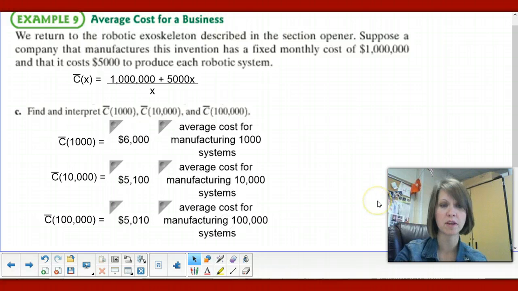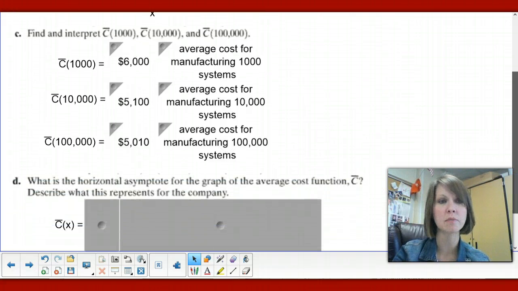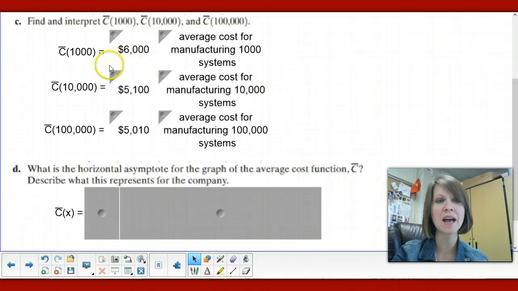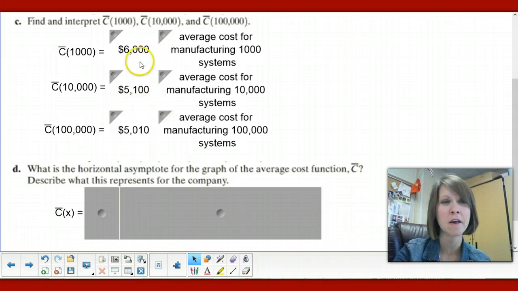And then the same goes for this. Now, what I'm hoping you're seeing here in part C is that as the number of units goes up by a lot, by a power of 10 in each of these cases, the cost is decreasing per unit, but it's also leveling off. So part D describes the horizontal asymptote.